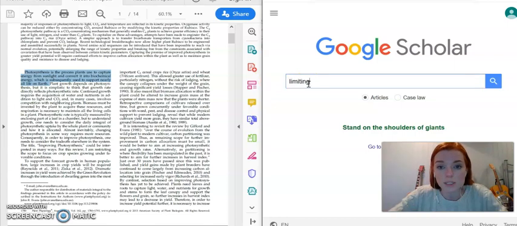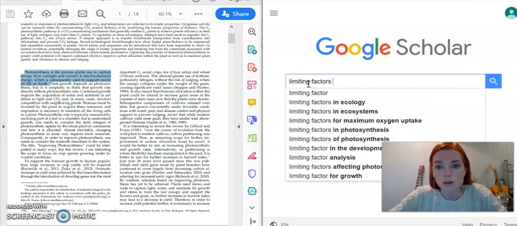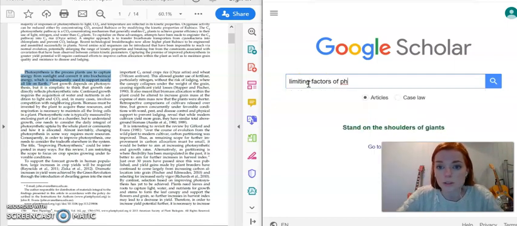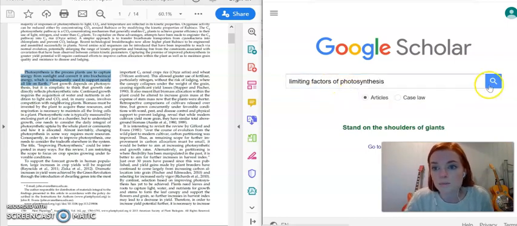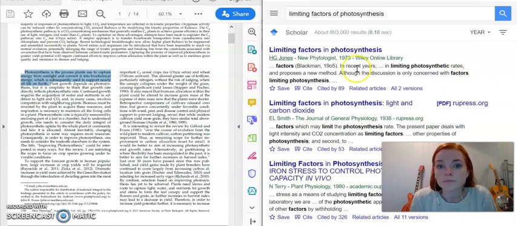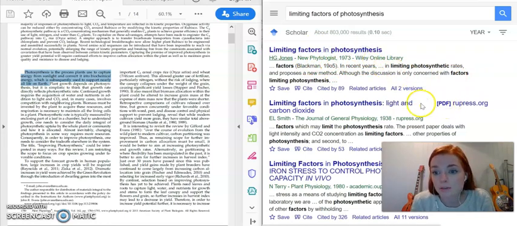So I could put limiting factors of photosynthesis. There we go. Search. So it gives you books. This is widely online. So if I click on that, if it says a PDF, that'll download a PDF for you to read.